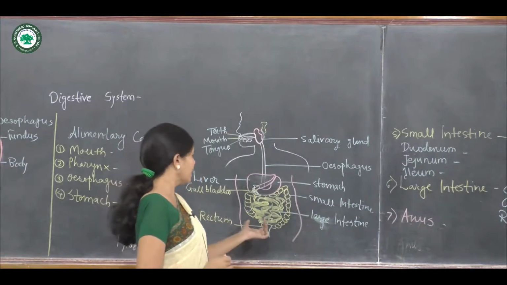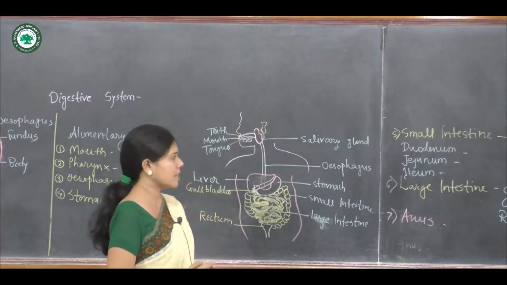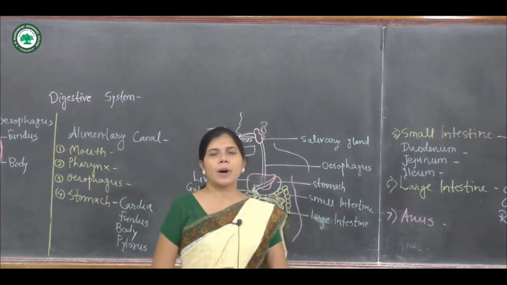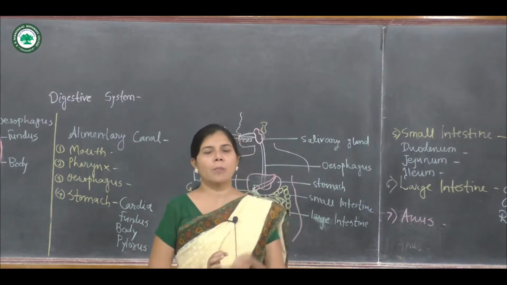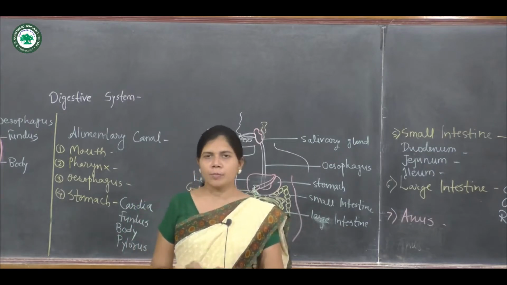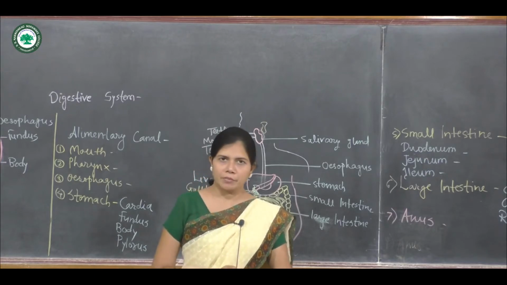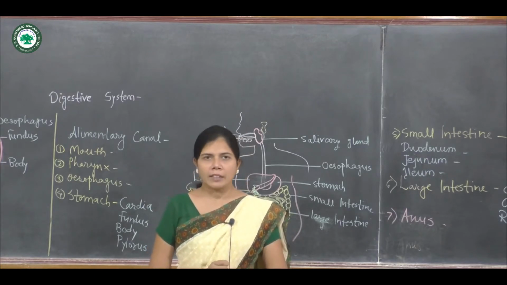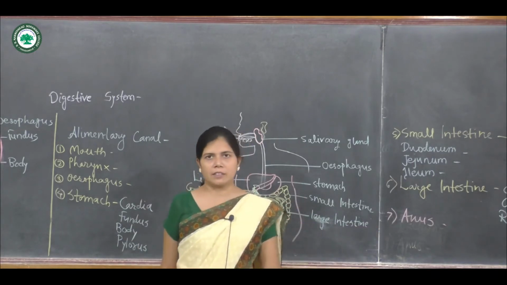Then it continues to the large intestine, again with three parts: the caecum, colon and rectum. The last terminal opening of the digestive system is the anus, from which the egestion of the fecal matter is carried out, and the digestive system is completed. Thank you.